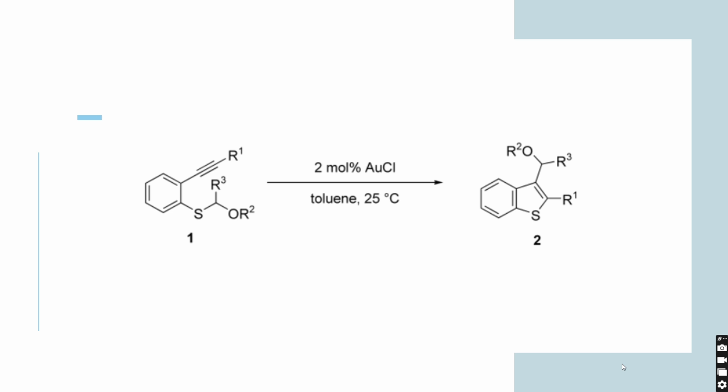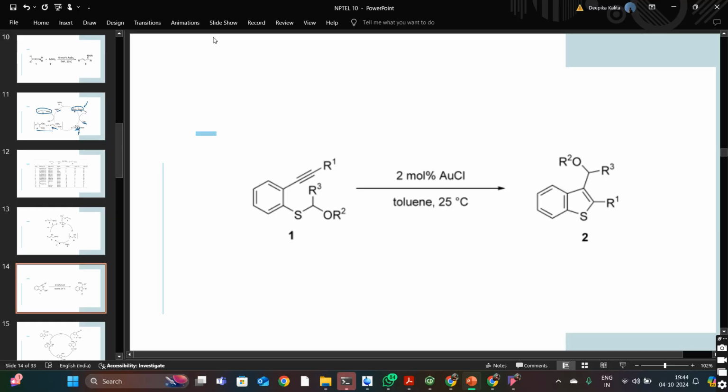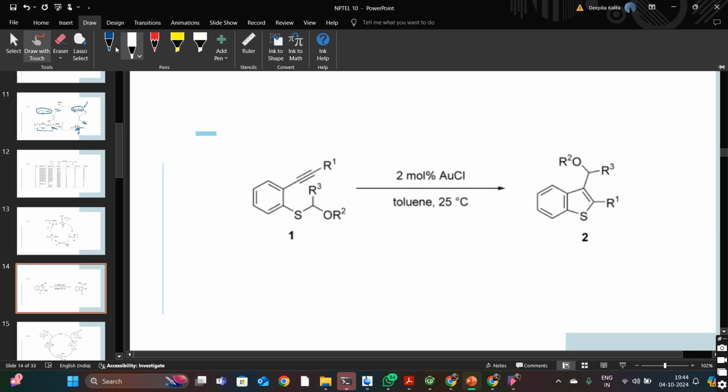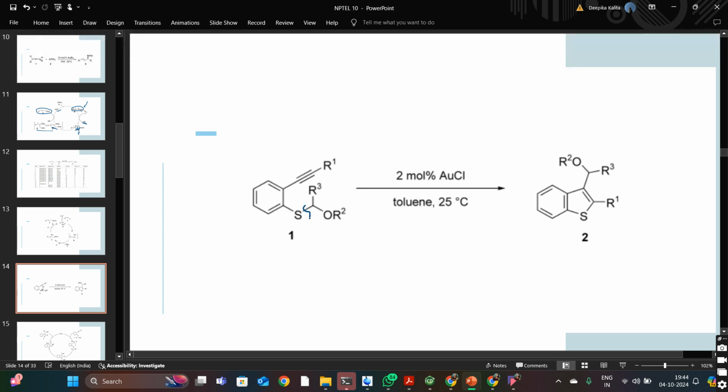And if you see the product, you will notice that this particular fragment, which is attached to the sulfur atom, has shifted to the carbon atom of the alkyne. Okay, to this carbon of the alkyne, the alkyl chain which is present on sulfur has shifted. So let us see how this mechanism goes.